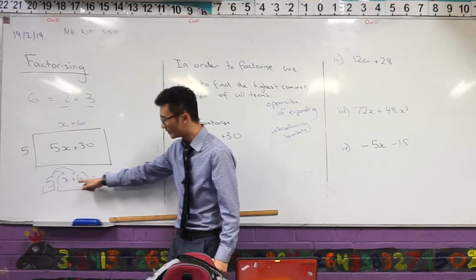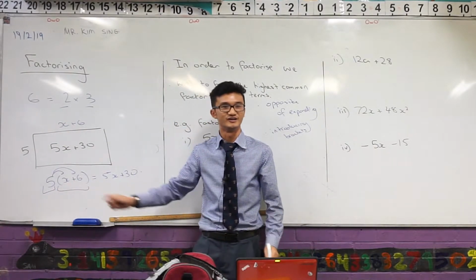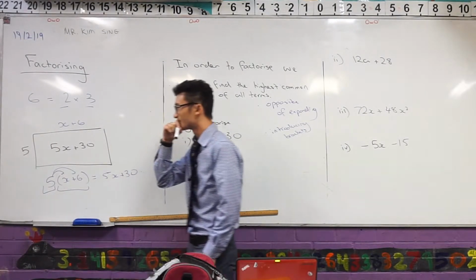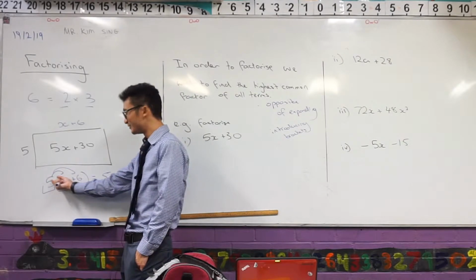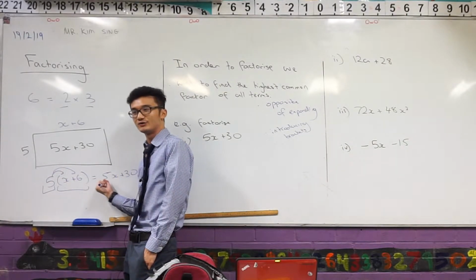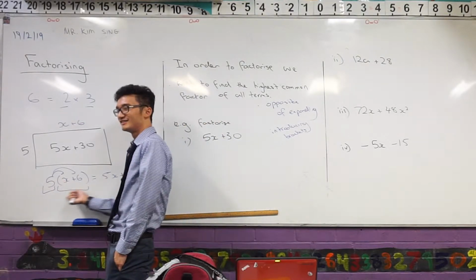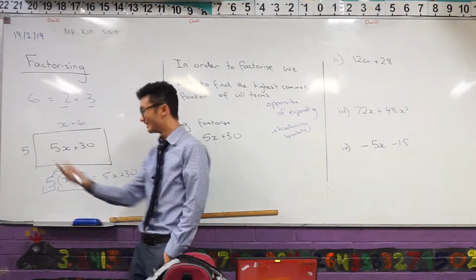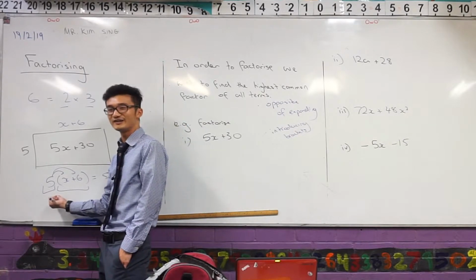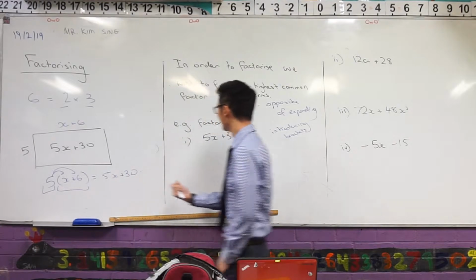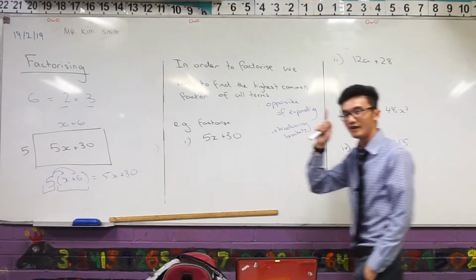Does anyone want to tell me what operation we did to expand these brackets? We had to multiply. So if I wanted to go backwards, what operation would I have to do? Sunny, I'd have to divide. So we have to divide, but I had to divide by a specific number.